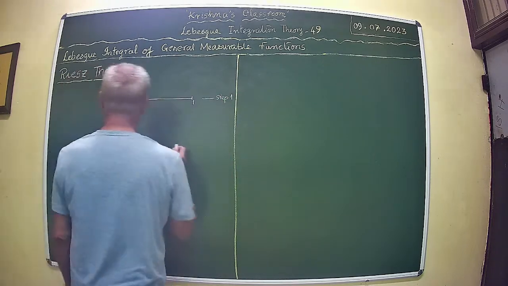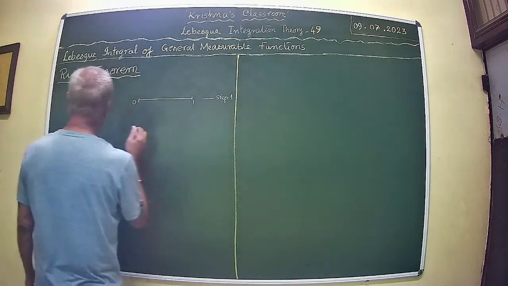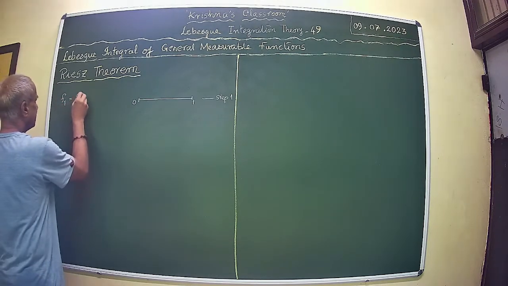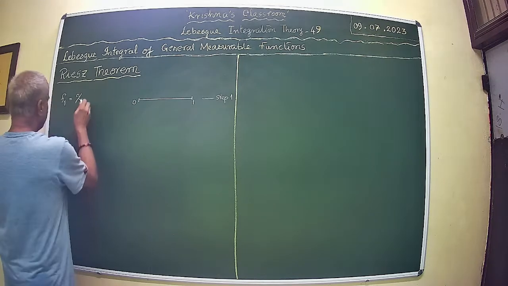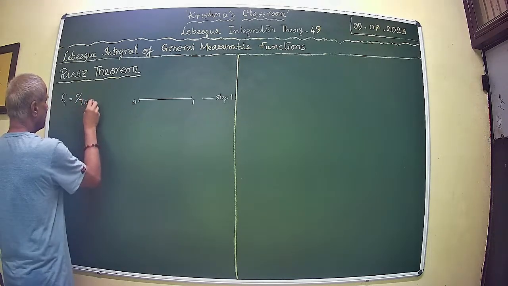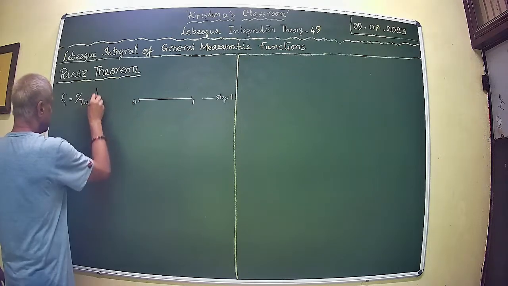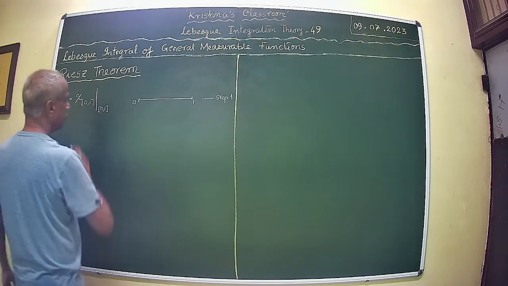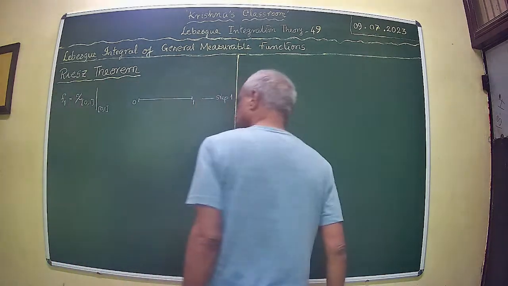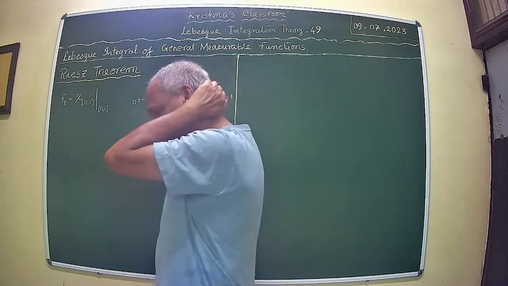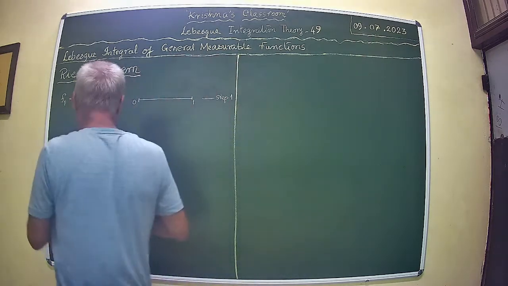And then you define a function f1 to be the characteristic function of 0, 1 restricted to the interval 0, 1. That's identically equal to 1 on this interval, so there is no problem.